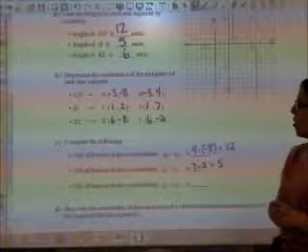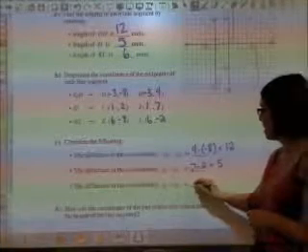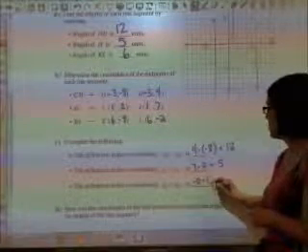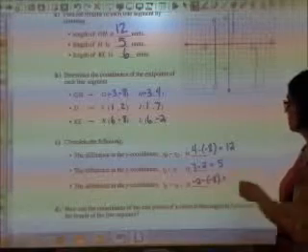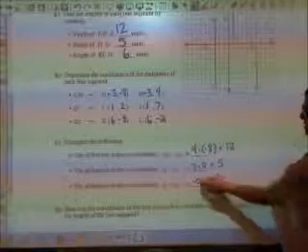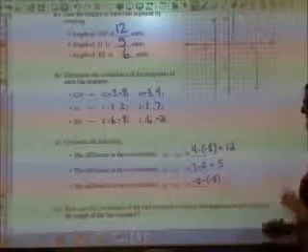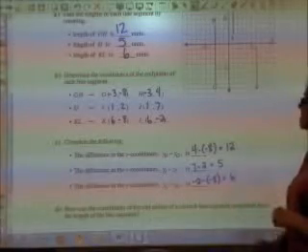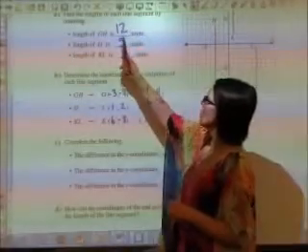And then if I go L minus K, I get -2 minus -8. The 2 negatives here would make a positive. -2 plus 8 would become 6, which again are the same 3 lengths that I got from counting.